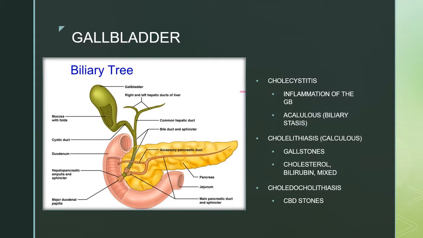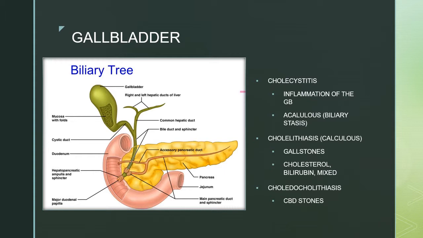Cholecystitis is the inflammation of the gallbladder, and it can be acalculous, which means without stones, and this is the case in biliary stasis, or it can be calculous, or with stones, which is called cholelithiasis. So when you have gallstones, the medical term for that is cholelithiasis, and this is usually a combination of either cholesterol stones, bilirubin stones, or mixed.